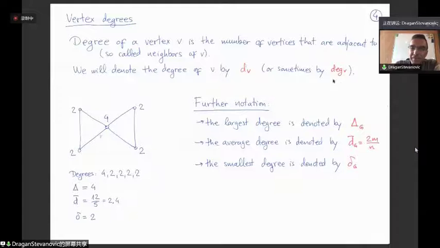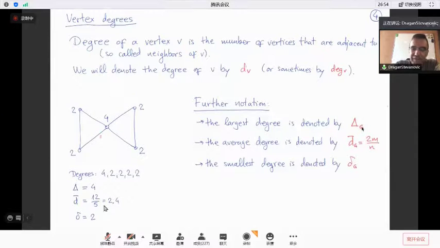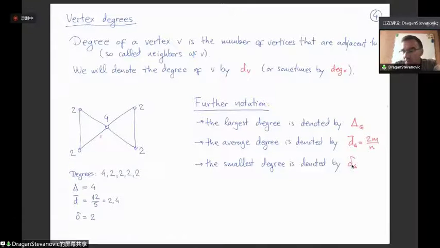And we need to introduce some further notation for three special degrees. The largest degree will be denoted by capital delta sub G. We will often take away that subscript. The smallest degree is denoted by small delta, and then we also will often need the average degree, the average of all degrees.